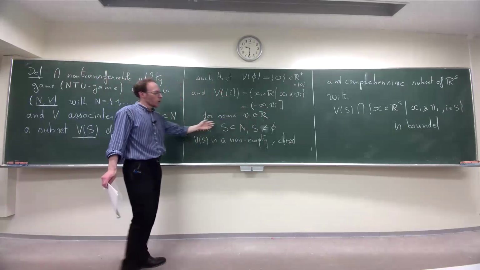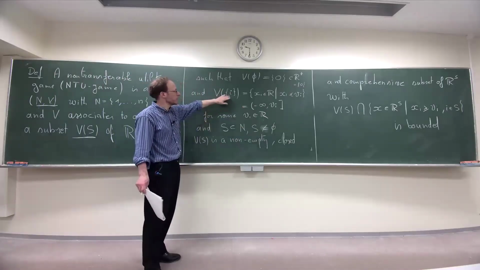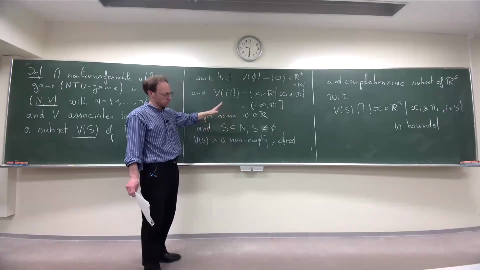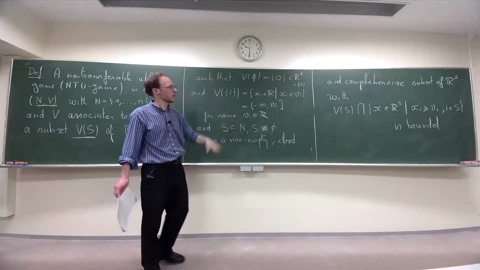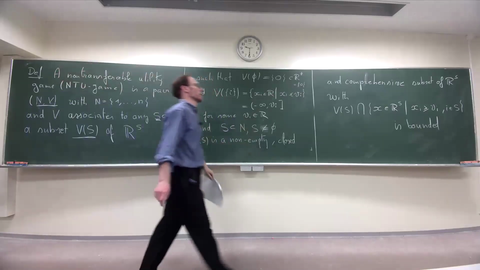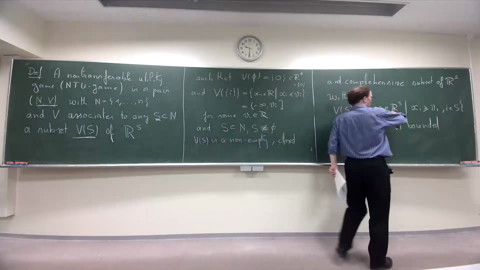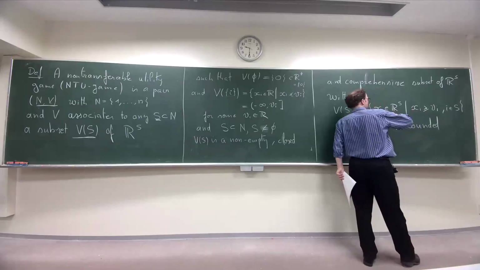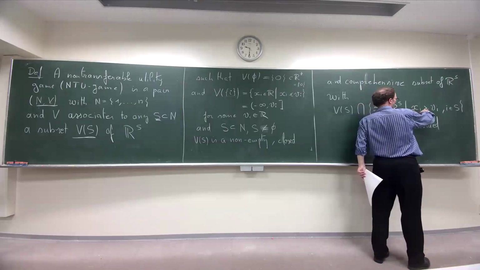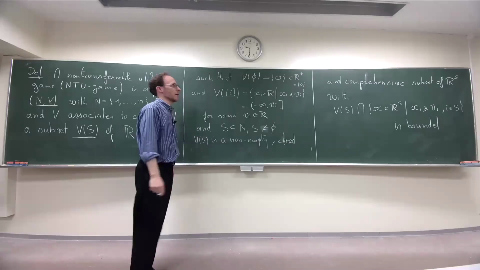And now for all S which are not empty, we assume that V of S, so in part, it holds also for this one, we assume that V of S is a non-empty, closed, this one is closed, comprehensive subset of R^S, plus one condition: the fact that this set intersection, when you intersect with all xi bigger than this vi, this is bounded.